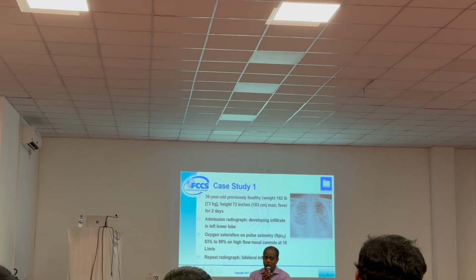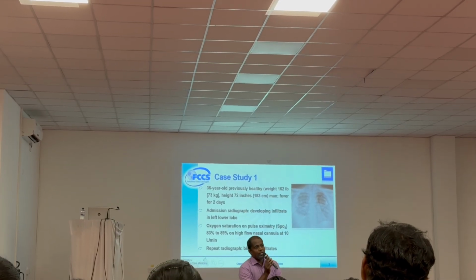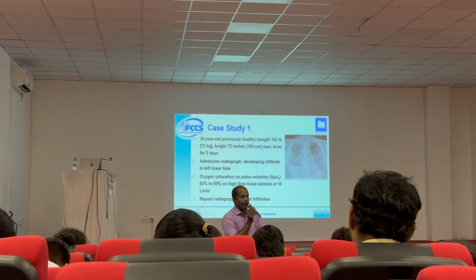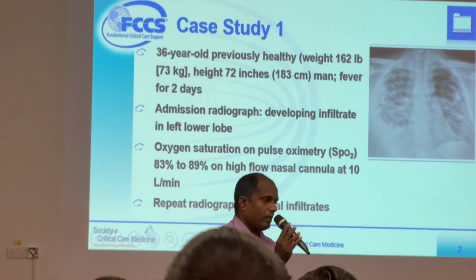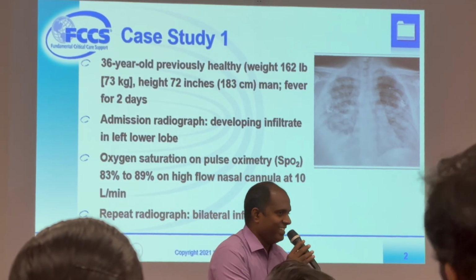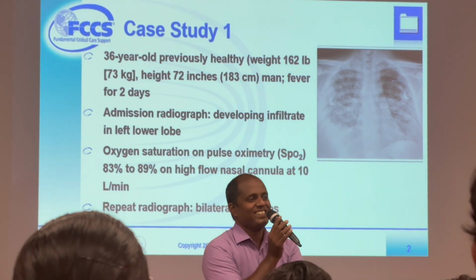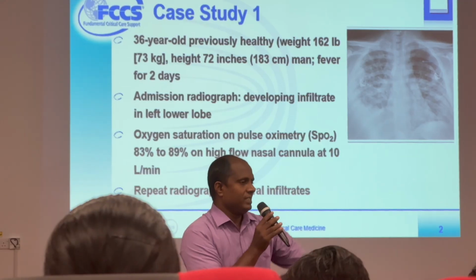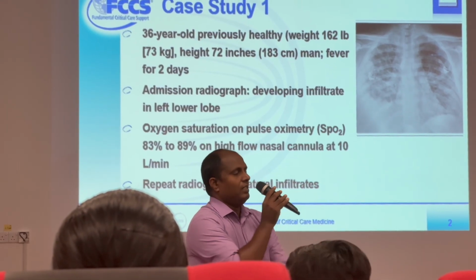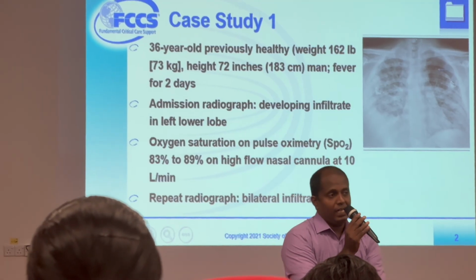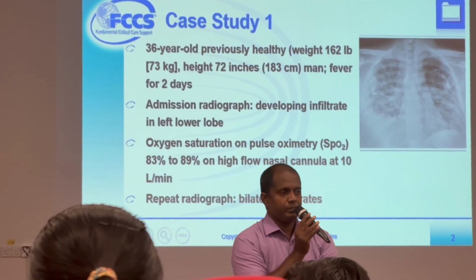In ARDS, you always try to keep plateau pressure less than 30. What is plateau pressure? Plateau pressure is the pressure when the alveoli are at maximum distension; the pressure at that time is the plateau pressure.